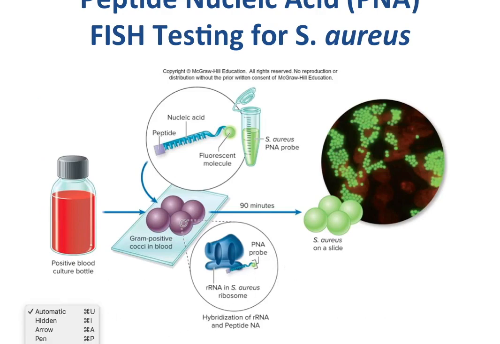This diagram shows the image of FISH. We use a probe, a nucleic acid fragment specific for Staphylococcus aureus. Then we coat the samples on the slides and fix them. We incubate the samples with the probe.